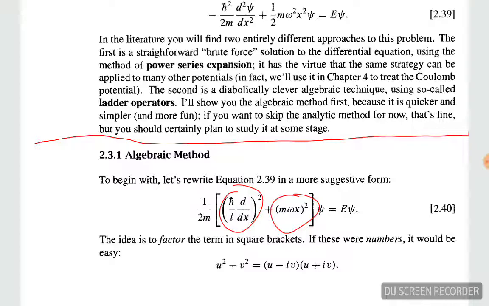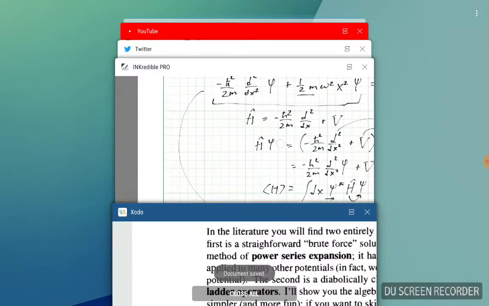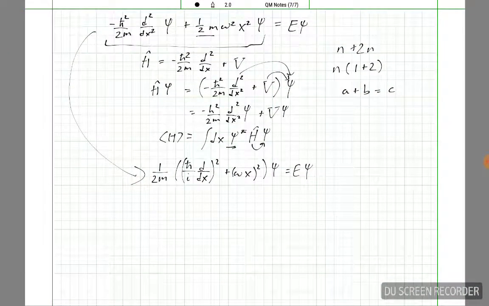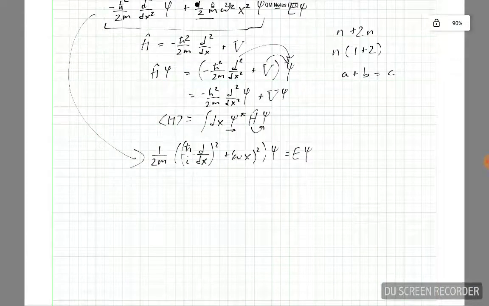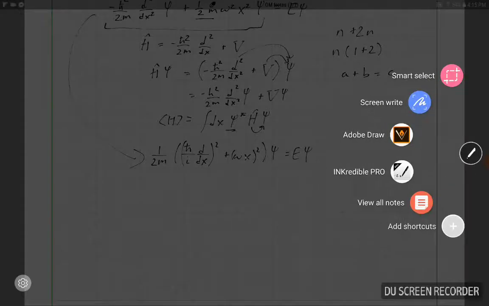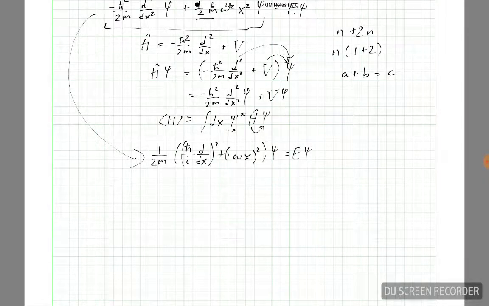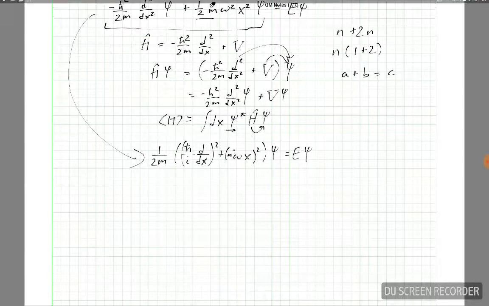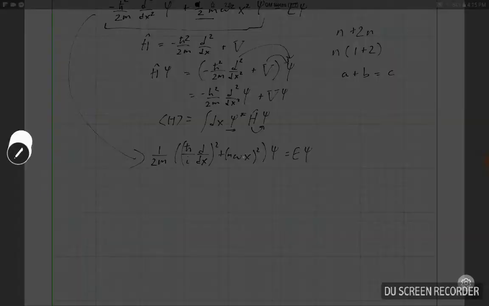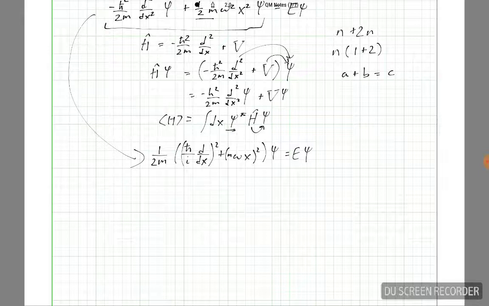Oh, and I realize now that I left out a mass term there. I did. Oops. Probably should have checked those units. There we go. That's better. Okay. So breaking that apart, taking the square root, we get 1 over square root of 2m.